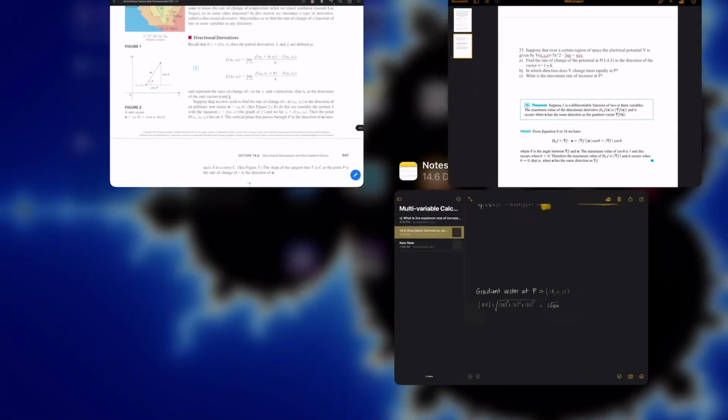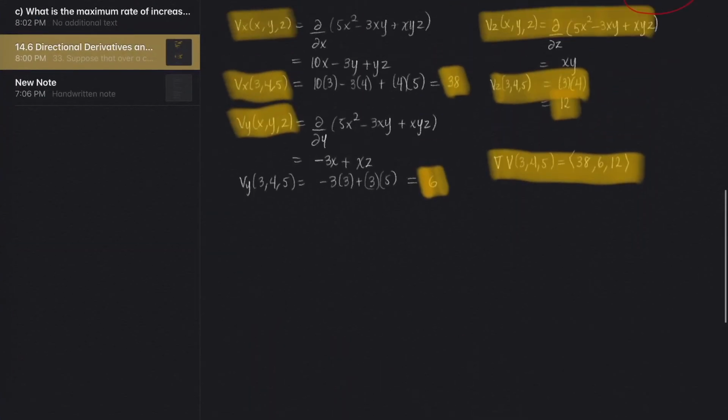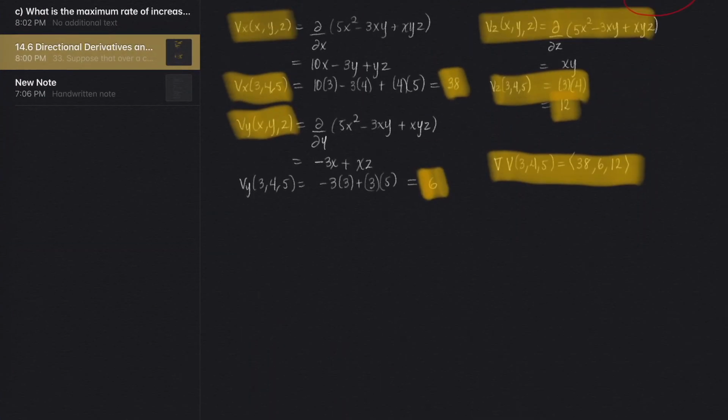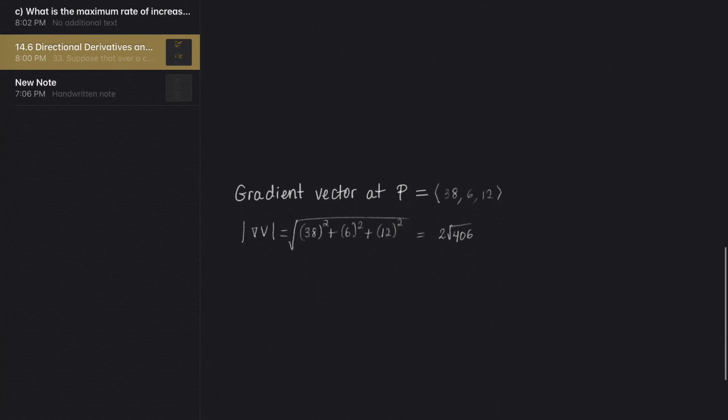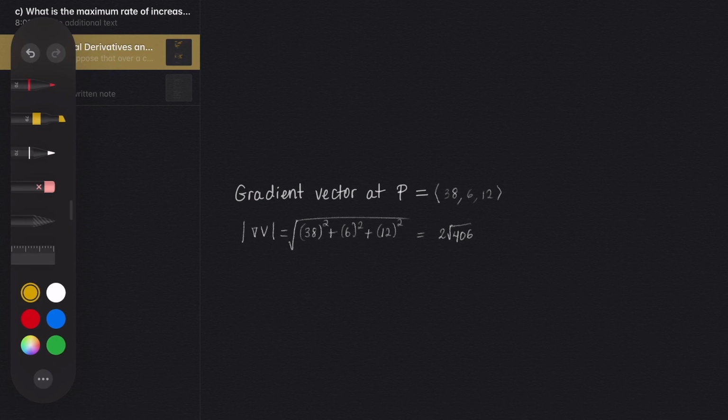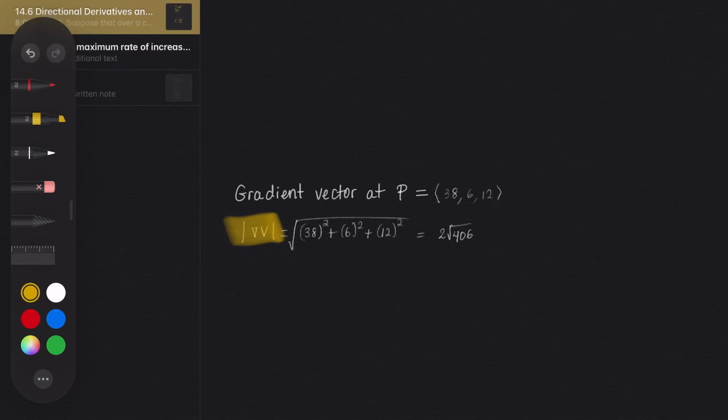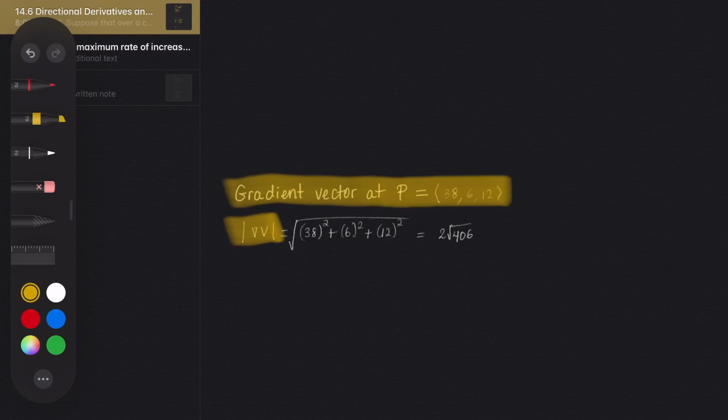Since we already know the direction of that gradient vector, all we have to do is take the magnitude of the gradient vector for the potential at the point P, which is 38, 6, 12, and taking the magnitude gives us a value of 2 root of 406.